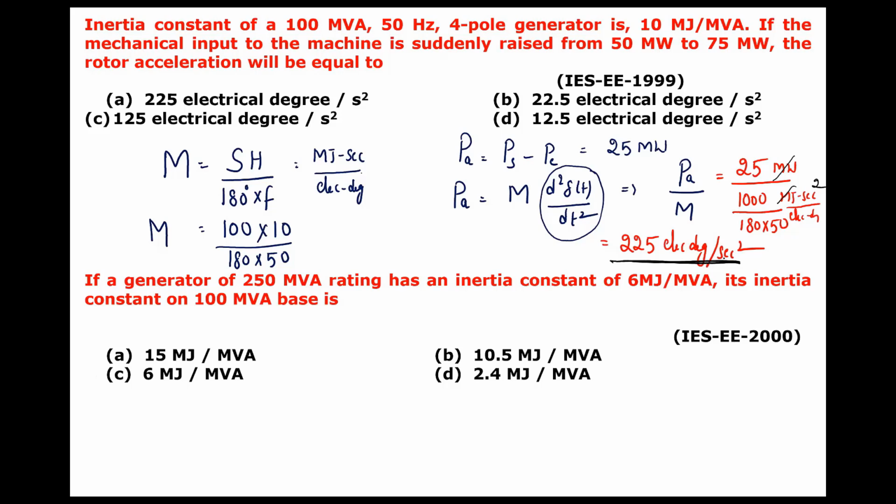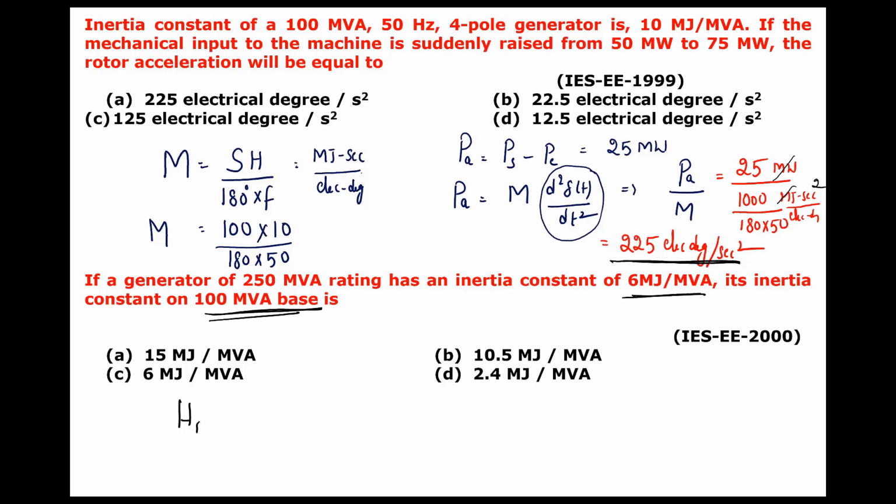This is a very simple question. If a generator of 250 MVA rating has inertia constant of 6 megajoules per MVA, then the inertia constant on 100 MVA basis? Now we have to calculate the inertia constant on a base of 100 MVA. Very simple.